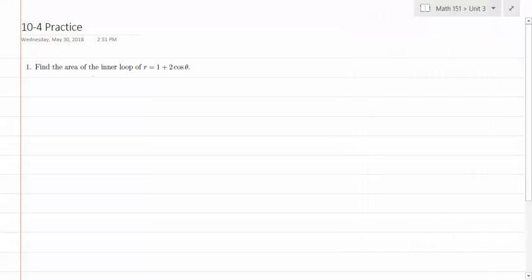So the inner loop starts and ends at the origin. The origin is where r equals 0. So in other words, where 1 plus 2 cosine theta equals 0.